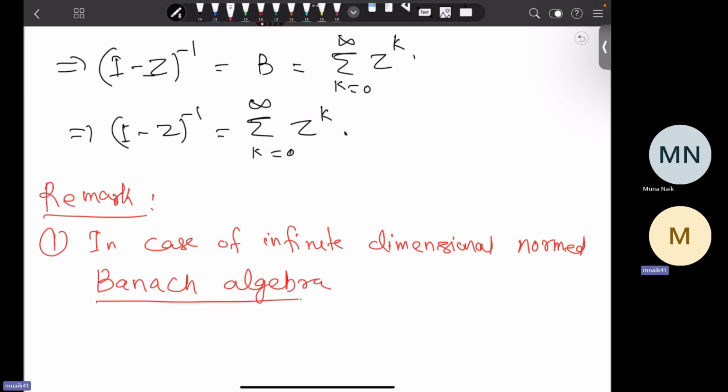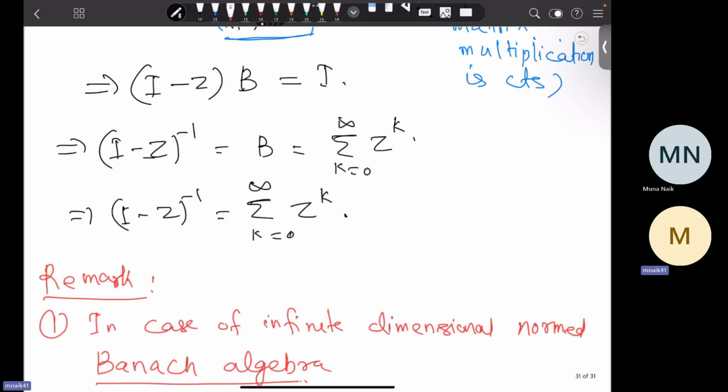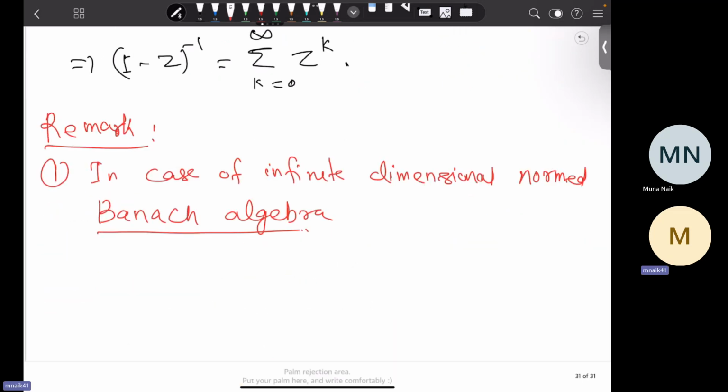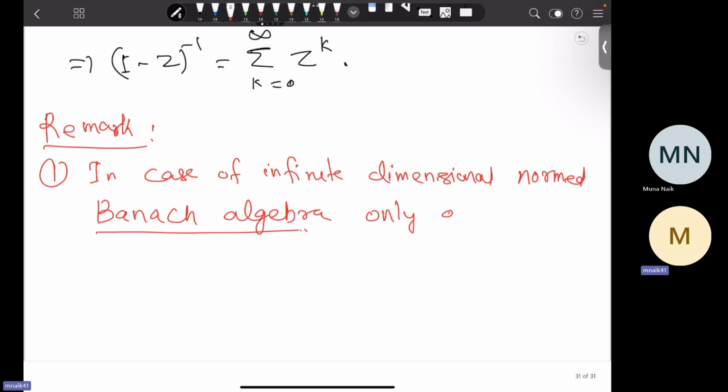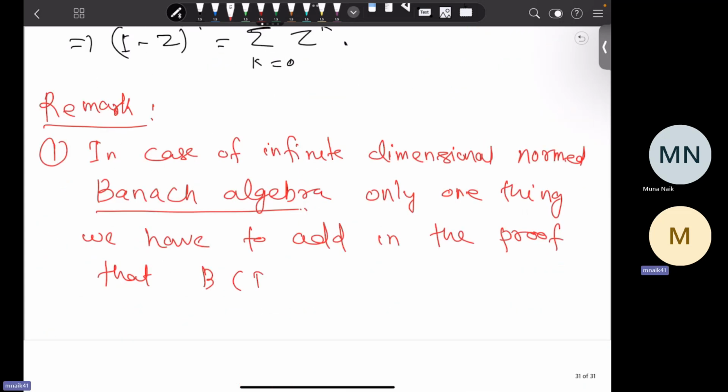Only one thing we have to add in the proof: that b times I minus z is I, which is proved in the similar way.